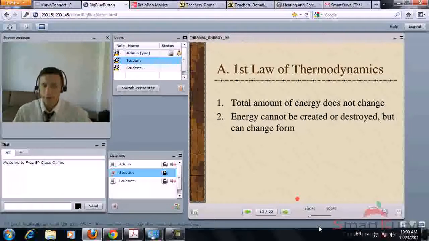An iron that we use to iron our clothes converts electrical energy into heat energy. A light bulb converts electrical energy into light energy. Just a few examples, but the important thing to remember is we're not creating energy. We're only changing it.